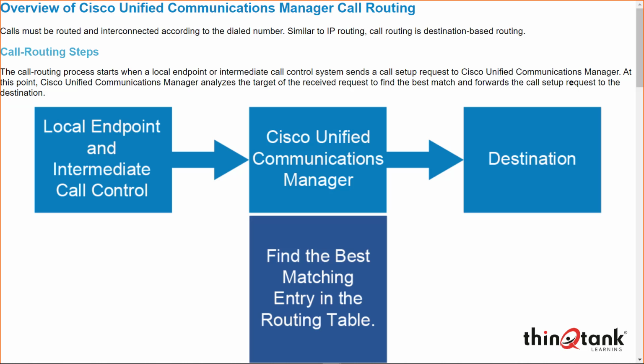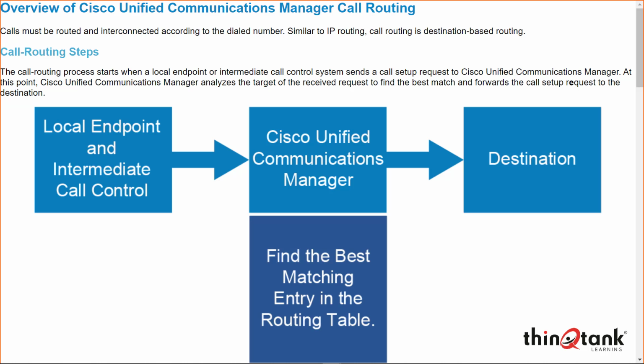As long as the interfaces are up and running, the router is not going to have any issues reaching those particular destinations. We don't have to have any kind of logic, either static logic or dynamic logic, built into the router to be able to route to those directly connected networks. All right, but if we're doing inter-site or PSTN dialing, then we have to have some sort of logic built into the system that allows us to route those particular calls.